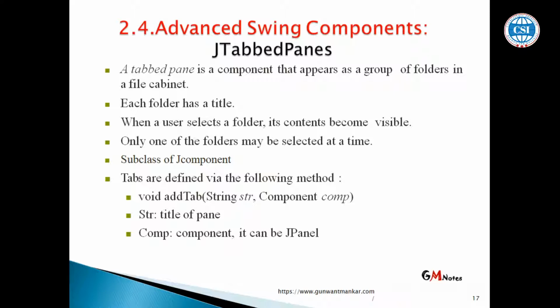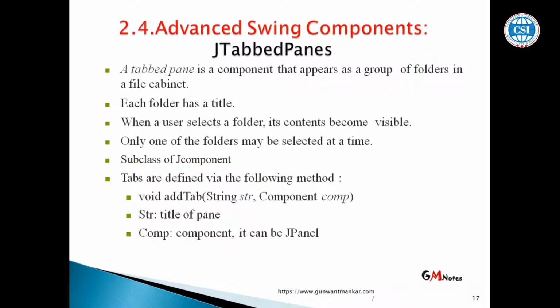JTabbedPane is a subclass of JComponent. Tabs are defined via the following methods. If you want to add tabs, you have to use the addTab method with a string and a component object. For the component object, you have to create JPanels. A JPanel is what we use if you want to show information in a particular window.